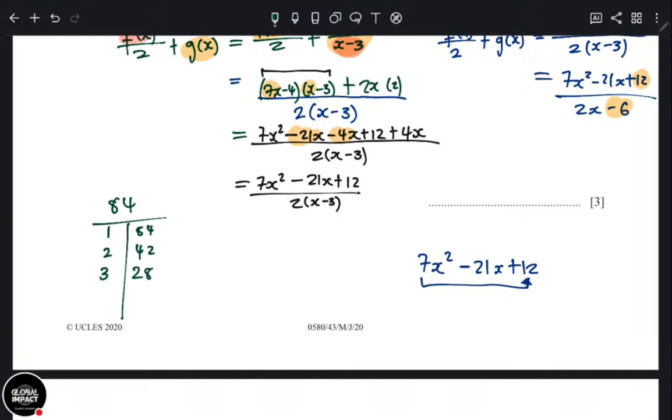Then 4 and 21. Then 5, no. Then 6, no, 6 gets 14. So it's 6 and 14. Okay, so 7 now. 84 divided by 7, you get 12. So 7 and 12.